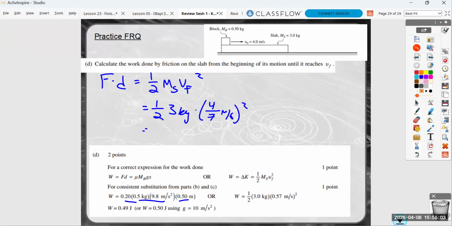And so you get about 1/2 joule if you do it that way. It's literally the same number as C. Coincidentally, even though they're different quantities, it is the exact same number, which is kind of funny.